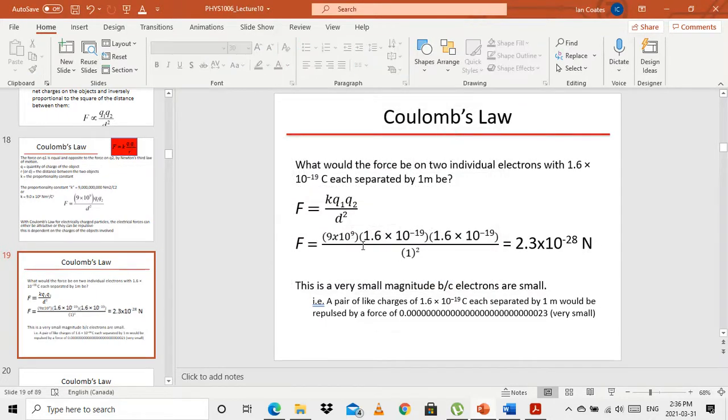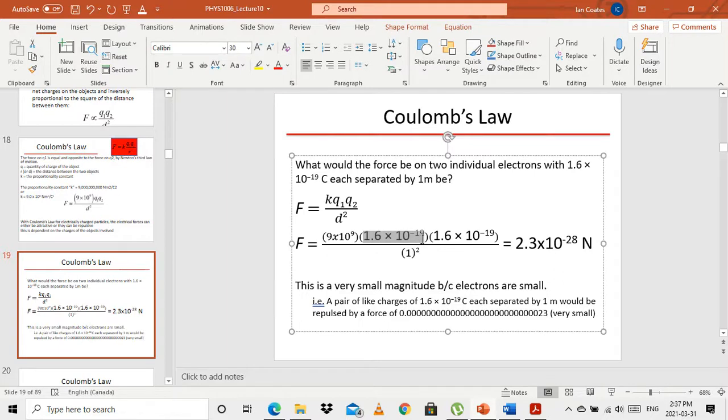There's my charge for the 1 electron, there's my charge for the next. Distance is 1 meter. Square it. There we go. And you look at this number here. This is the force of 1 electron on another electron at 1 meter: 2.3 times 10 to the negative 28 newtons. Like, there's not much there, is there?